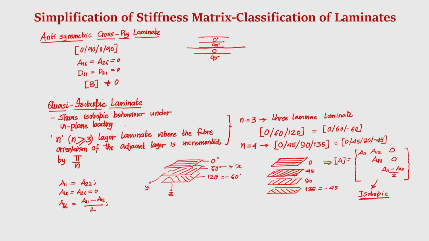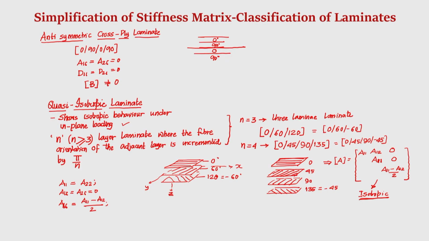Therefore, this laminate is called a quasi-isotropic laminate. That means it behaves like an isotropic material under in plane loading and not under bending; the D matrix is not isotropic, it is only the A matrix. So the in plane behavior is isotropic, therefore it is called quasi-isotropic.